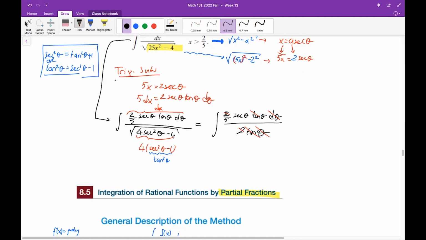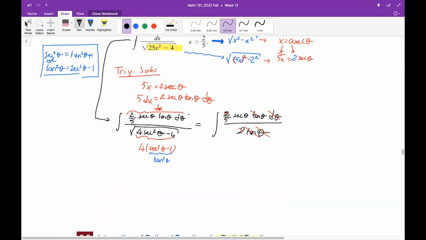So that we have just 1 over 5 goes out, and in the denominator, we just have secant theta. By the way, obviously you do not simplify the theta. Okay, tangent thetas are gone, 2s are gone.